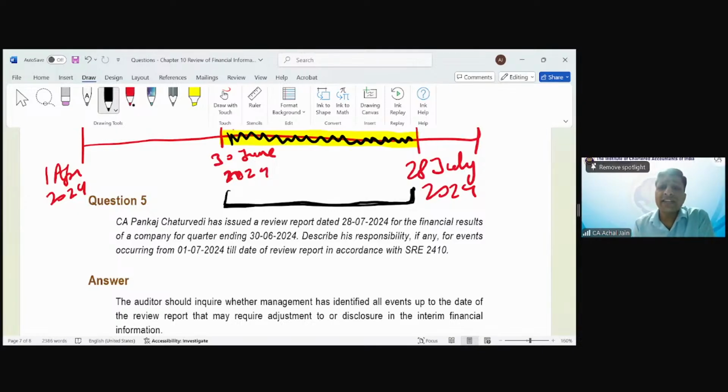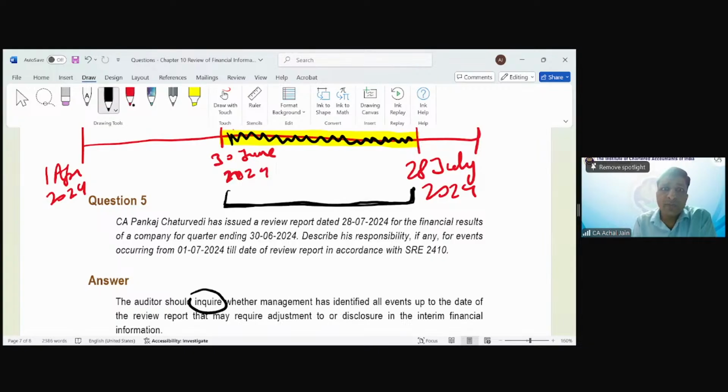The thing is that instead of performing audit procedures, you will be performing review procedures. So what is the meaning of review procedures? Review procedures means, of course, you will perform inquiries.